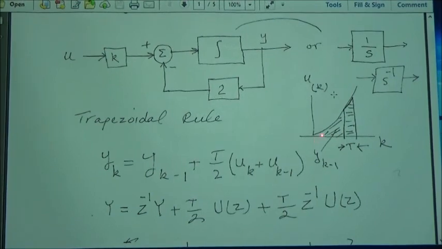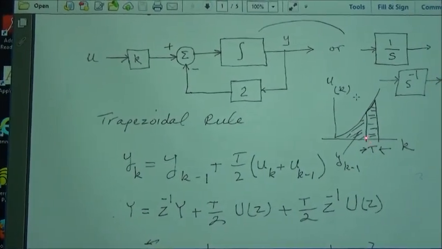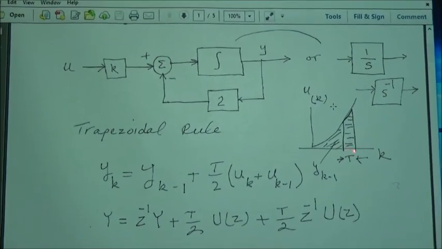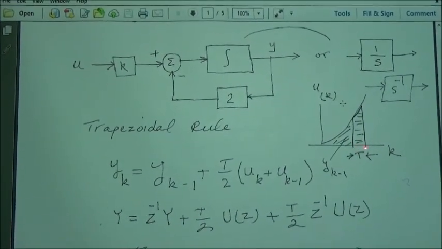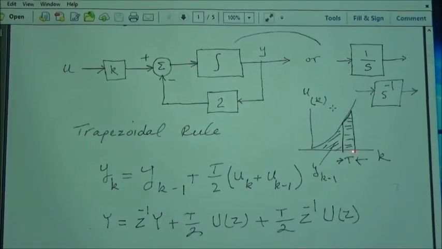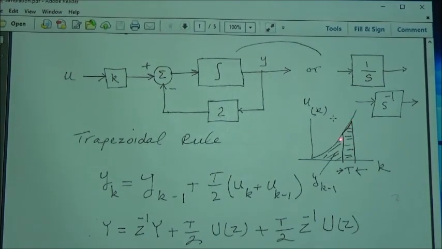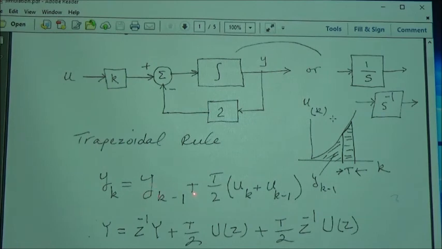What you see here is a curve of y versus k, and for one differential value of t, or one sampling period of t, the integral under the curve at this point k is going to be the previous integral area under the curve plus the area of this trapezoid.